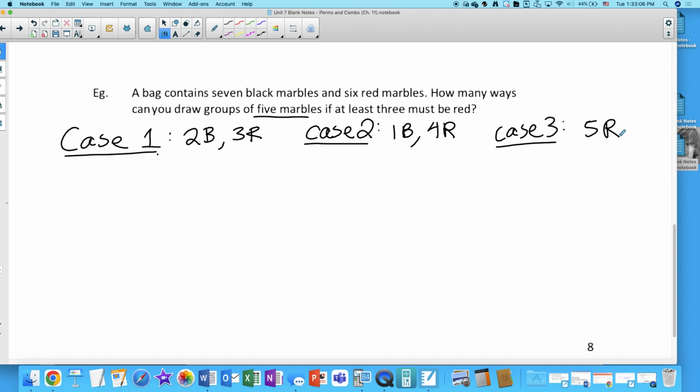So this would be 7 choose 2 times 6 choose 3 plus 7 choose 1 times 6 choose 4 plus, if you wanted to do 7 choose 0, you could. If you have 7 objects and you're choosing 0 of them, there's only one way to do that. So it's just going to be times 1 anyway. So you can just put in the 6 choose 5.